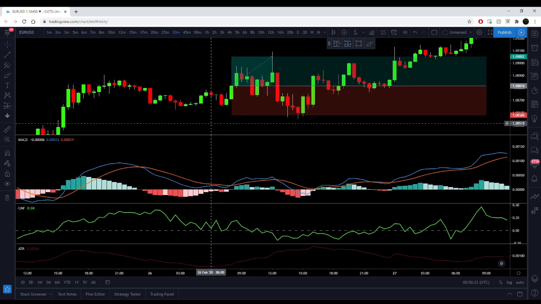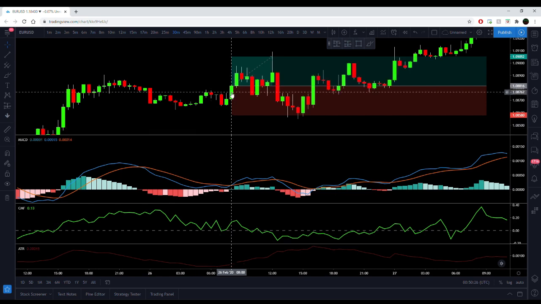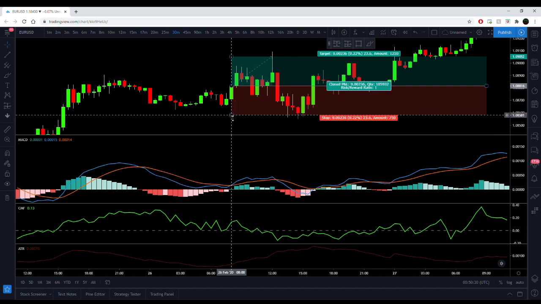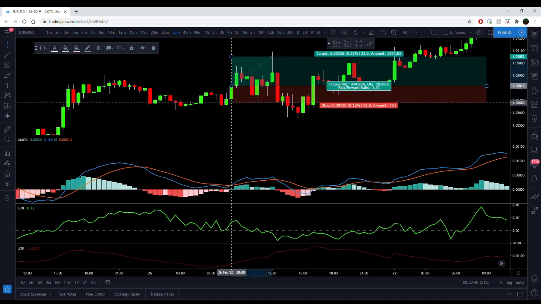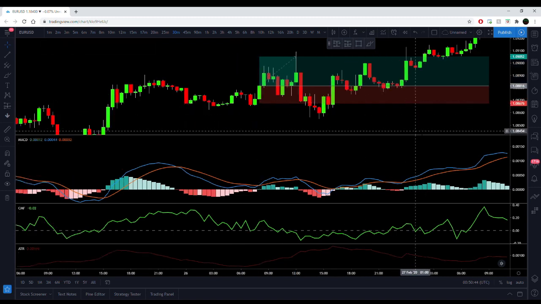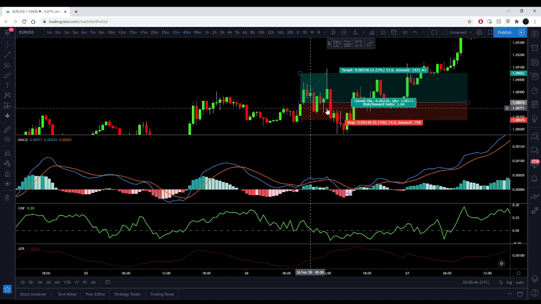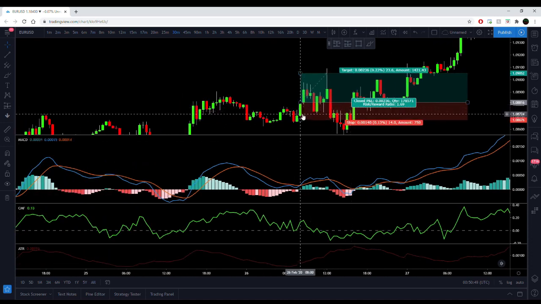Entry, and then we're going to take a look and see what's the ATR. 7 pips. So we're going to go 14 pips for the stop loss. Yeah, so this one does end up getting stopped out.